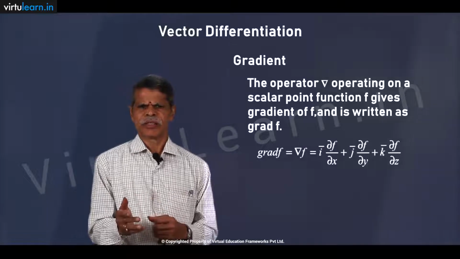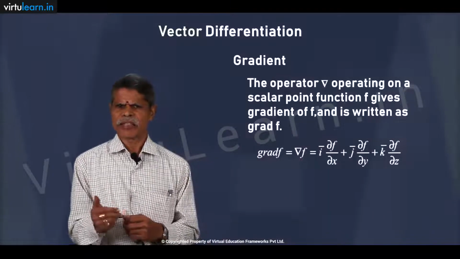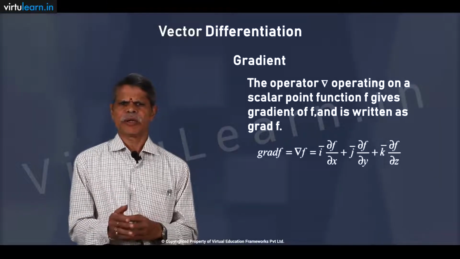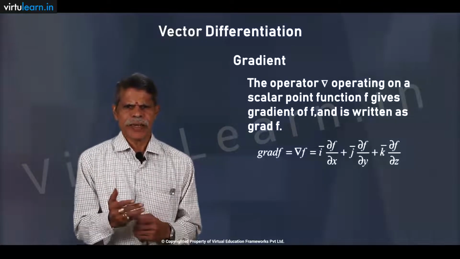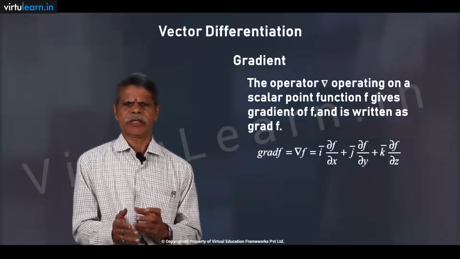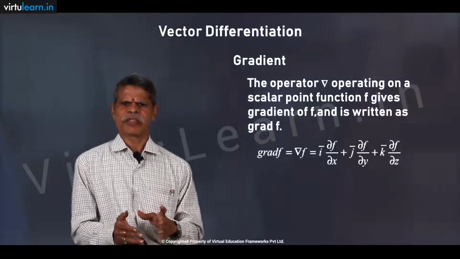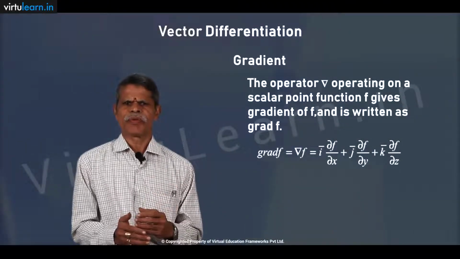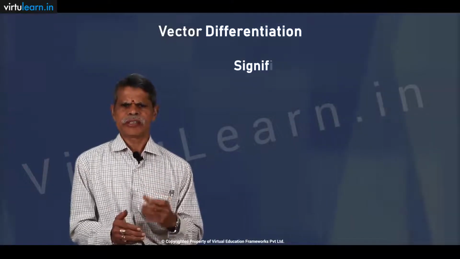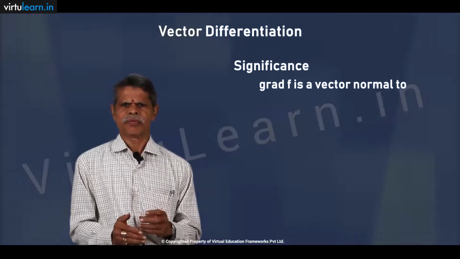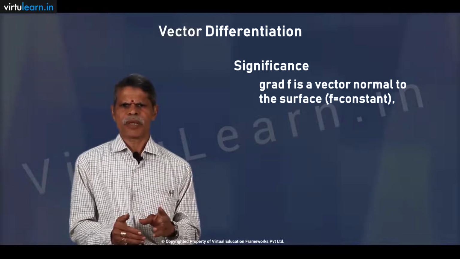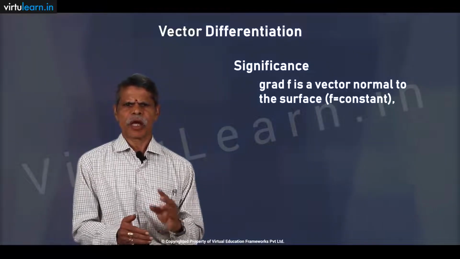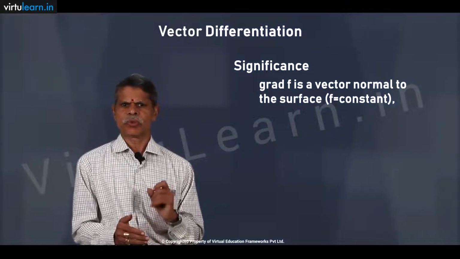Does it have any significance? Yes, it is a very important quantity. What does the gradient of f give? Initially, we observe that it is a vector quantity. So, in which direction will it be acting? What is its magnitude? What is the significance? Grad f will be a vector and it will be acting in the direction normal to the surface f equal to constant.